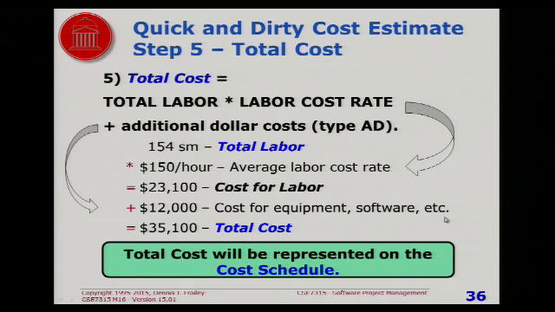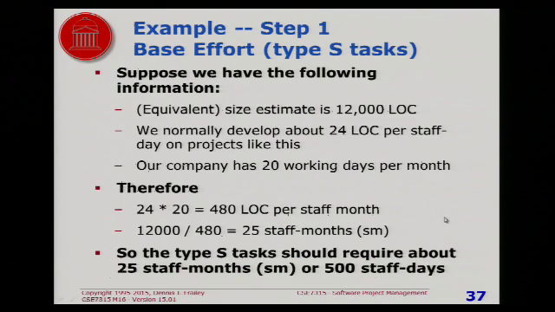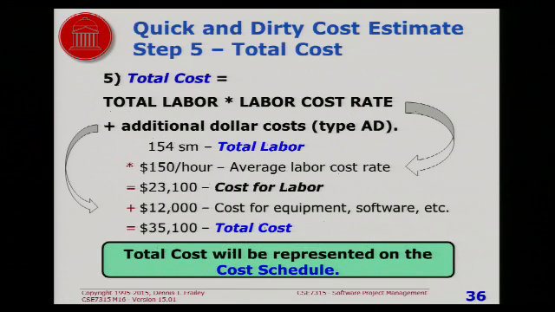And at this point, we have the total cost of the project. Now, this is a very, very rough estimate, but you did it very quickly. You started with your work breakdown structure and the information that you knew about what you had to do and your experience, and you came up with a number. Not precise, hard to defend, but if you have to come up with a number in 30 minutes, this is a way to do it.